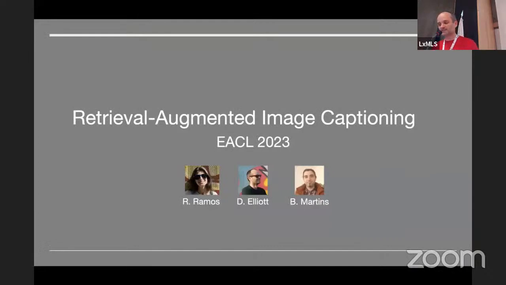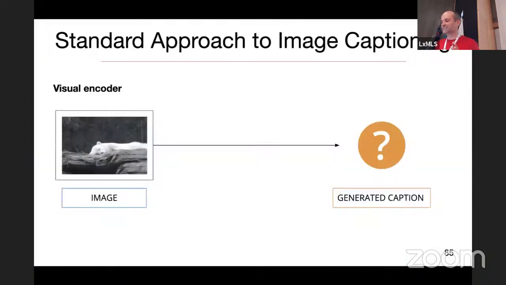And this is a piece of research from Rita, who is a student in Toronto or Copenhagen. The standard approach to image captioning is already explained so far, but we'll take an image encoder like this, put it through a model, which is a skinny pipeline, and generate a sentence.